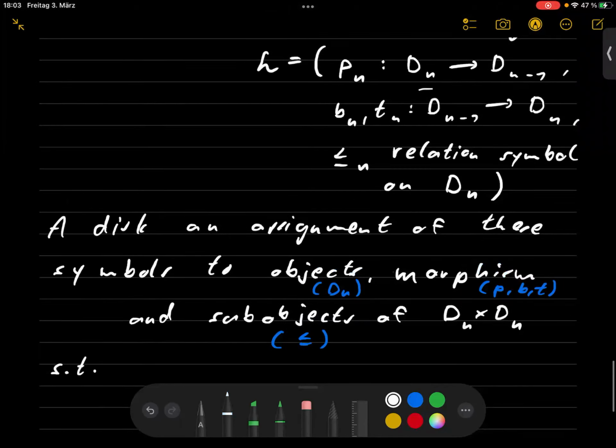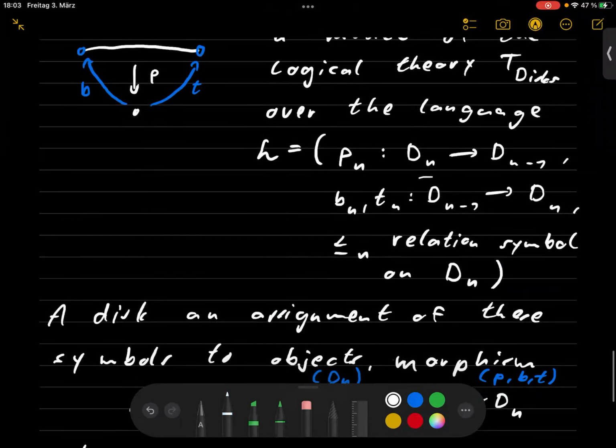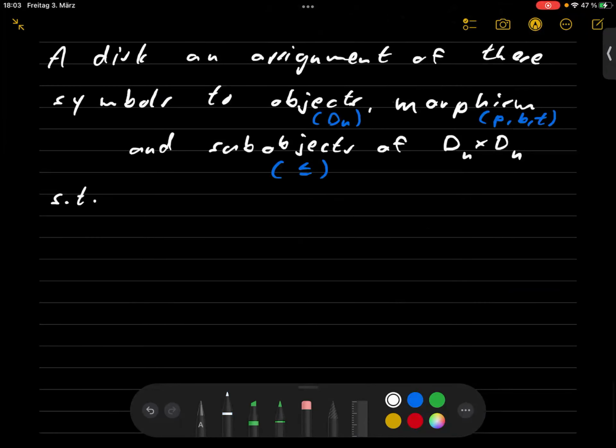what should hold. So we want that first of all this relation is an ordering. So it's a partial order. This is the first thing.